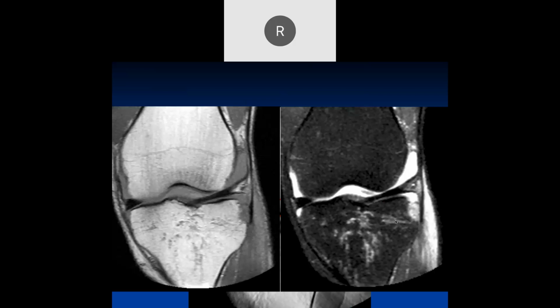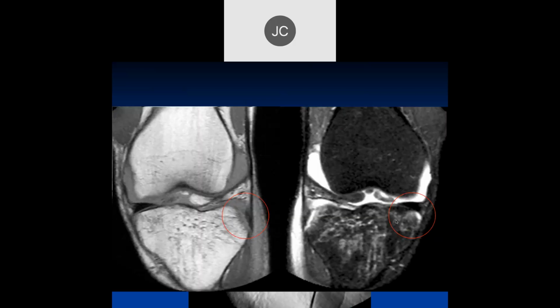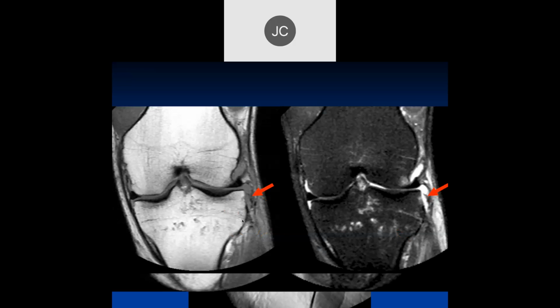So that's an avulsion injury of the iliotibial band. Good. If we go a little bit farther, on the next cut we can also see that avulsion fracture at the insertion of the iliotibial band. If we go back posteriorly enough, we actually see there's a little Segond fracture in this patient as well at the ALL attachment.